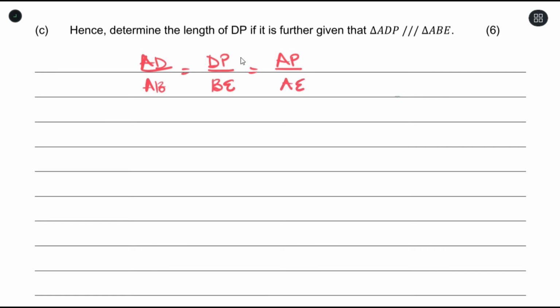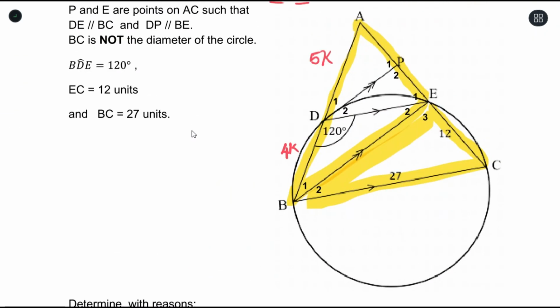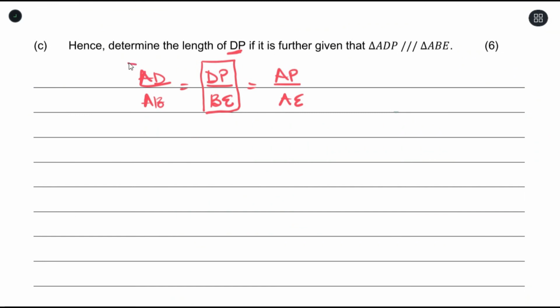Now, we will choose the ratios that we have values for, and that will help us get our answers. Since we are trying to get DP, I definitely have to use this ratio here, DP over BE. The other ratio I also need to use is AD and AB, because I do have that. So I'm also going to use this one over here.